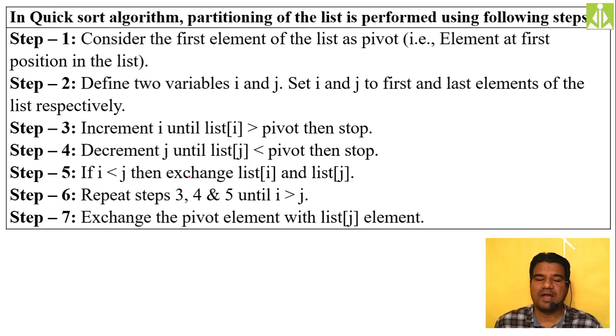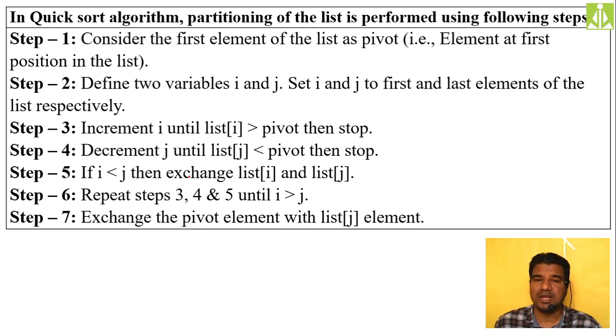So in the quicksort algorithm, partitioning of the list is performed using the following steps. First, consider the first element of the list as the pivot, because initially all elements are randomly arranged.